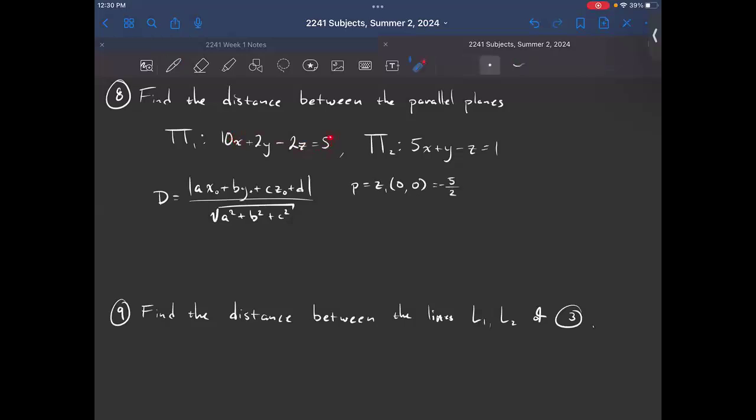So we look at this equation. If I put 0 and 0 in for x and y, those two terms go away, and I'm left with just -2z equals 5. Divide by the -2, and we get that. Okay, so that's our z coordinate, which means that our point P is 0, 0, -5 halves. All right, so there's one point on the plane pi 1.